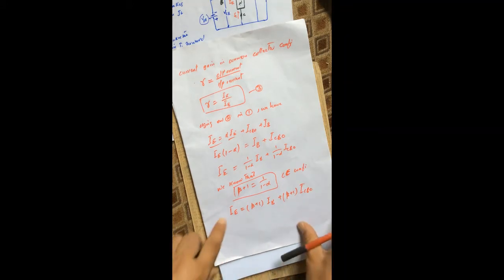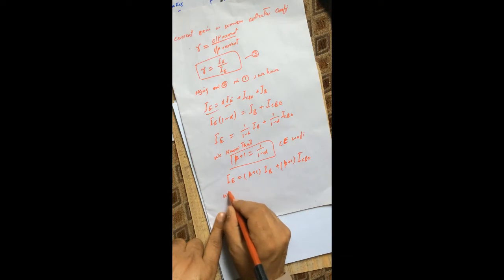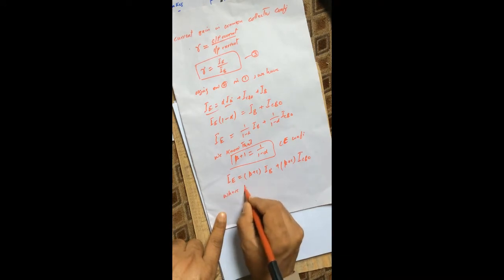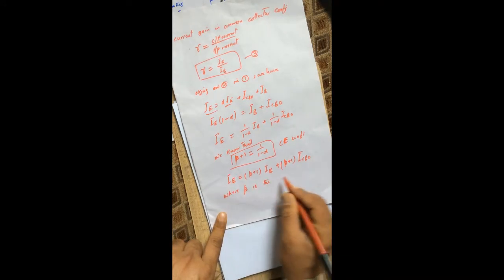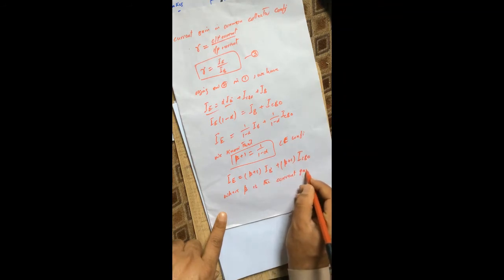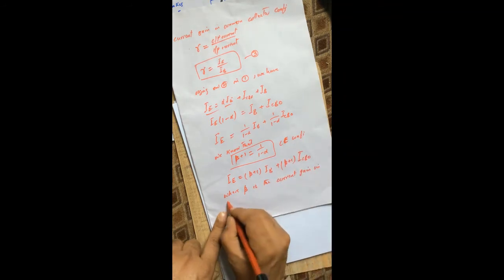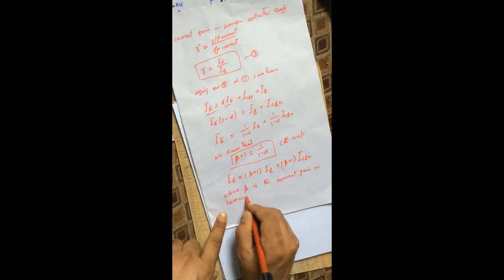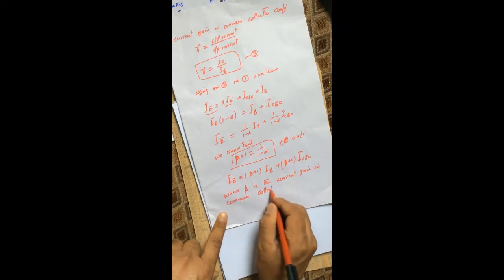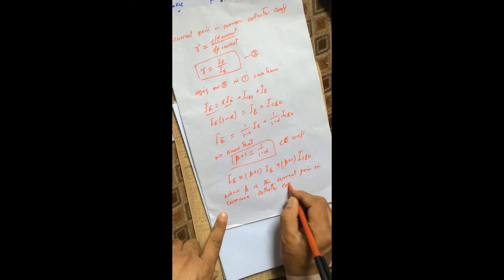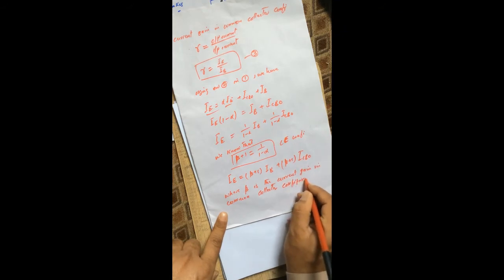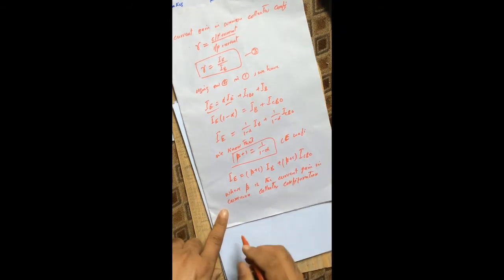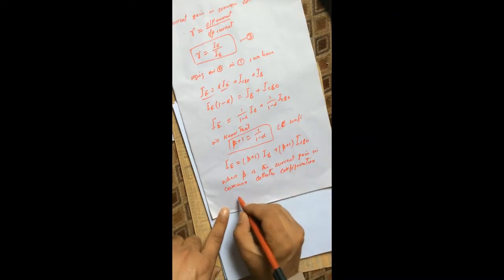Now where beta is the current gain in common emitter configuration, and it is defined like this.